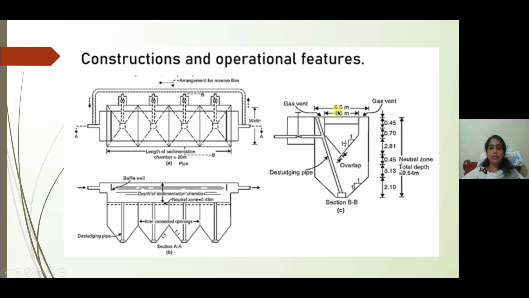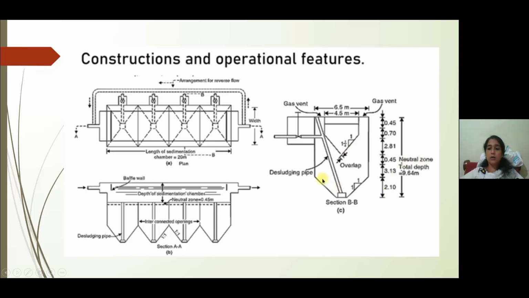You can see the gas vents are provided at the sides of the digestion chamber. The total width is 6.5, so after deducting 4.5 meters, you will get the width of the gas vent on both sides of the digestion chamber. And you can find the neutral zone here at the middle of the total depth. In order to resist the entrance of the scum layer into the sedimentation chamber, a 0.45 neutral zone is provided.